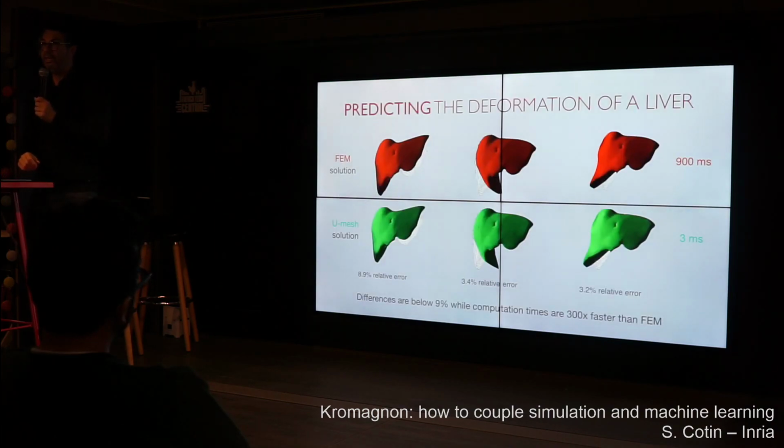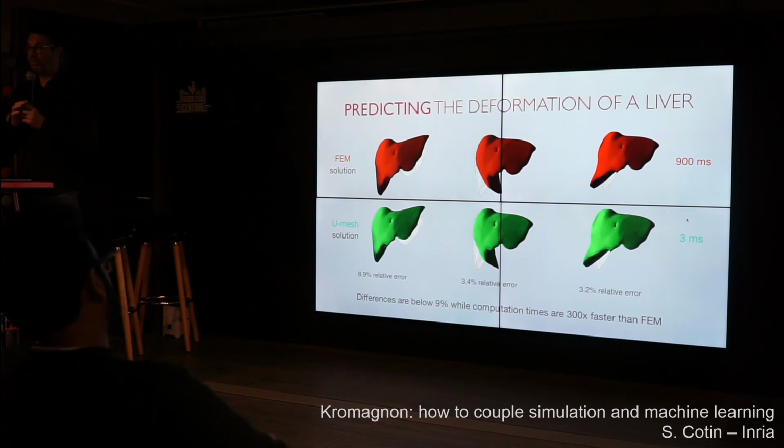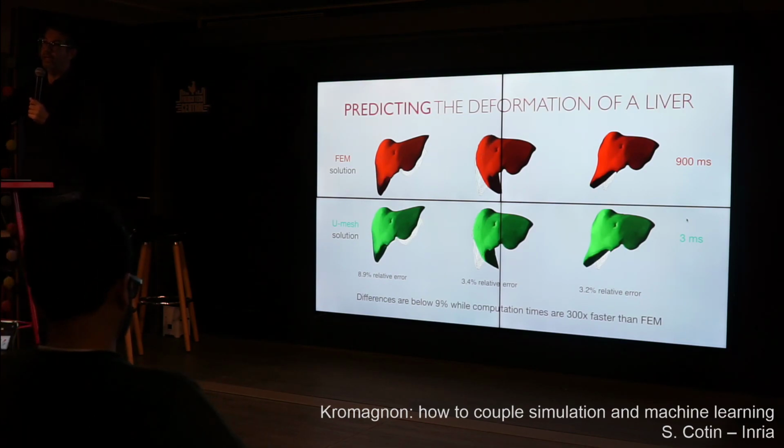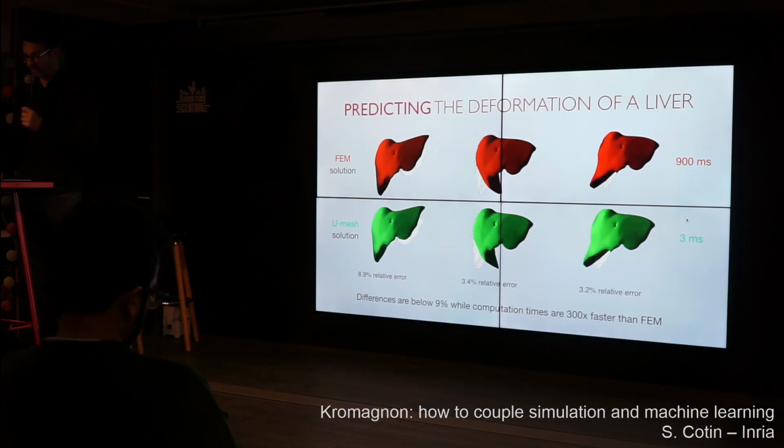And then we can play with that, and you can see, at least visually here for now, but we have some numbers as well, that it pretty much gives the same result as the FEM computation, but there's a big gain in terms of computation time, and the gain goes up as you increase the complexity of the model, because the neural network predicts always in a very short amount of time.